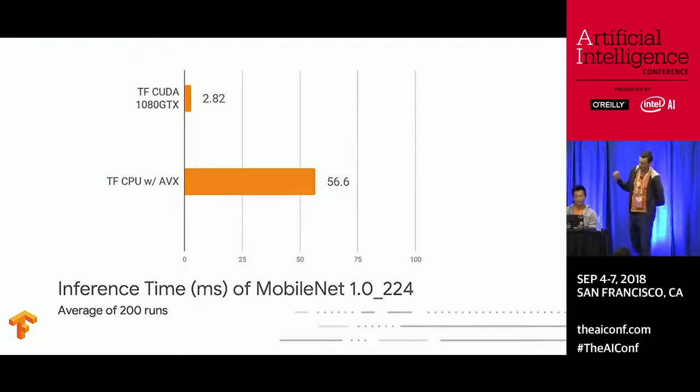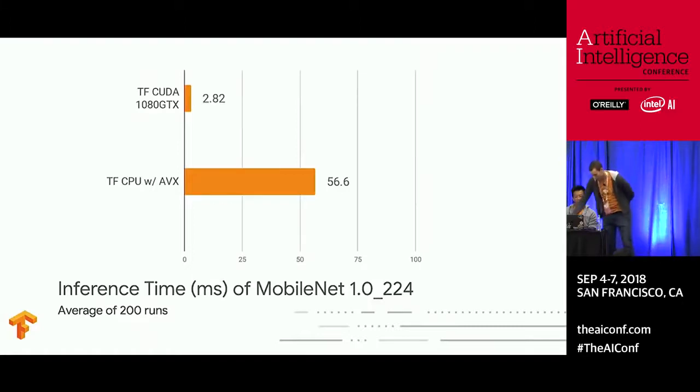And then we used a 13-inch MacBook Pro with an integrated graphics card, not a standalone graphics card. And that was using the CPU build, so it's just the default AVX instruction set we ship with TensorFlow. And we were doing a little under 60 milliseconds for inference time.